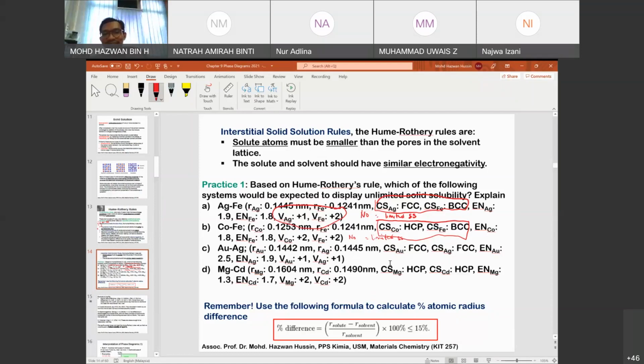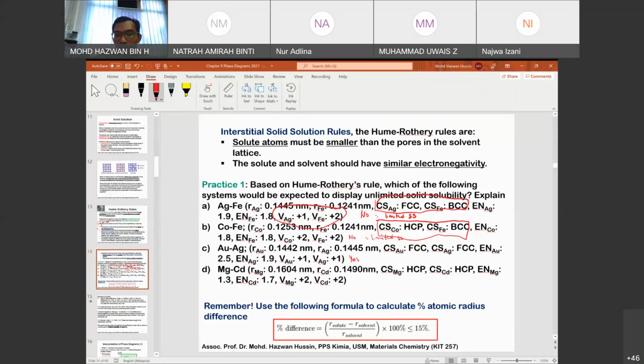Siapa yang kata boleh? Atirah cakap boleh. Okay, so Atirah kata boleh. So, the answer is actually yes, it can. So remember, I put electronegativity as the last requirement.